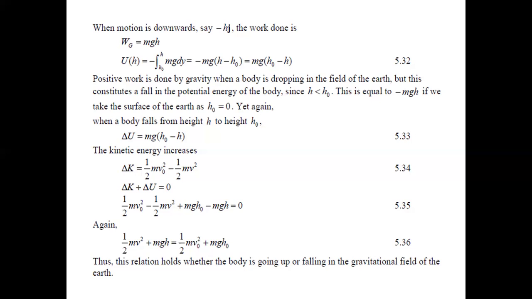Positive work is done by gravity when the body is dropping through the air, but this constitutes a fall in the potential energy of the body. Hence, h is less than h naught. We take the surface of the earth as h naught equals 0. When the body falls from height h to height h naught, delta U will be equal to mg into h naught minus h.